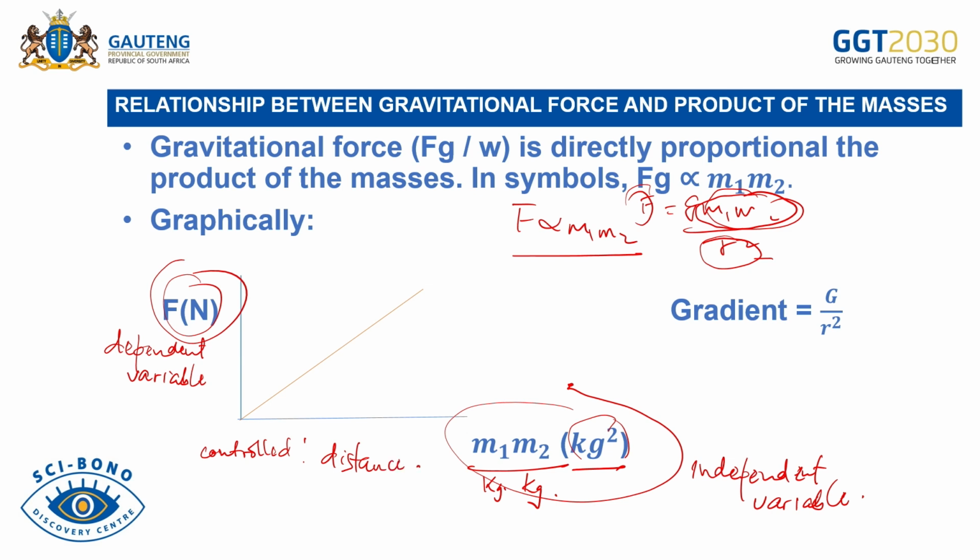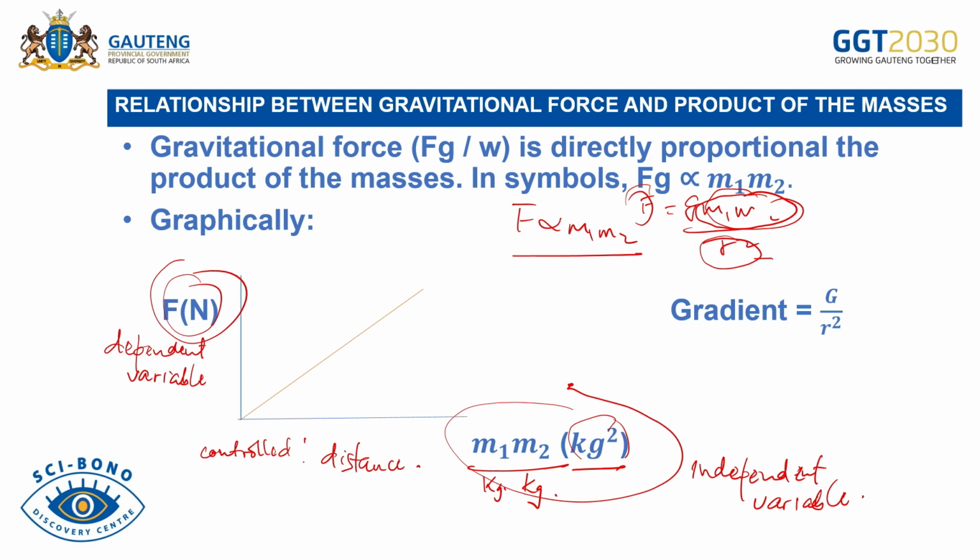Okay, right. Then another secret for graphs is the area and the gradient. They can ask: what is the dependent variable, the independent variable, the controlled variable, and the physical quantity represented by the gradient of this graph?